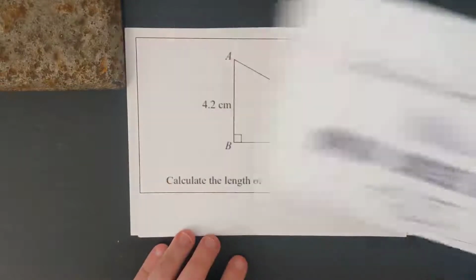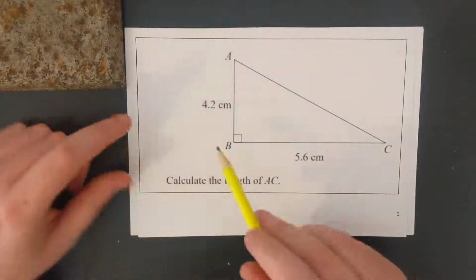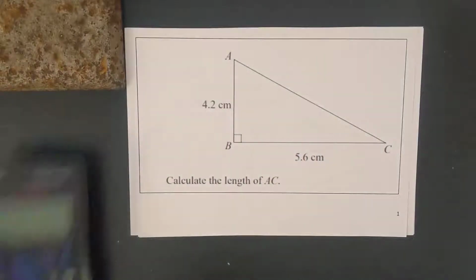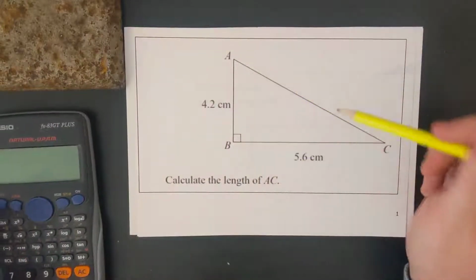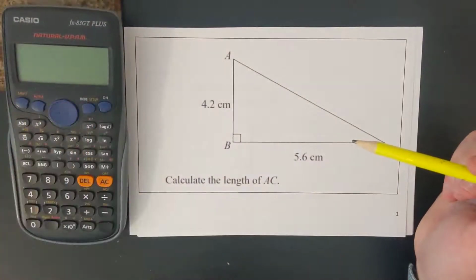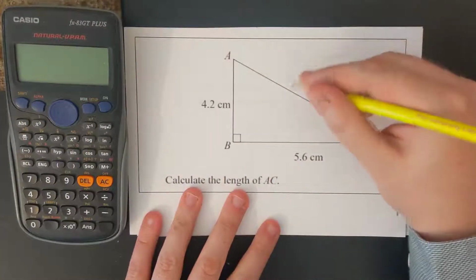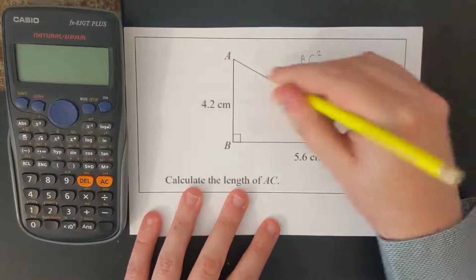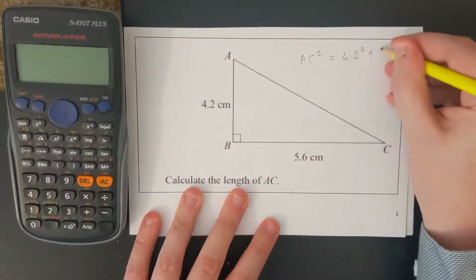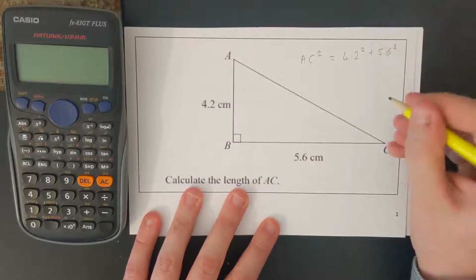Looking at a simple case first, you're given a triangle with two sides and you're asked to calculate the length of the third side. So as soon as I have two lengths and want a third, I'm going to be looking for Pythagoras' theorem. That is, I know that AC squared, my hypotenuse squared, is going to be equal to 4.2 squared plus 5.6 squared.